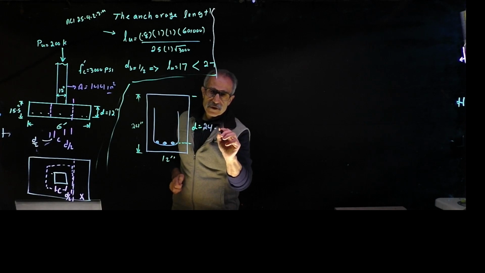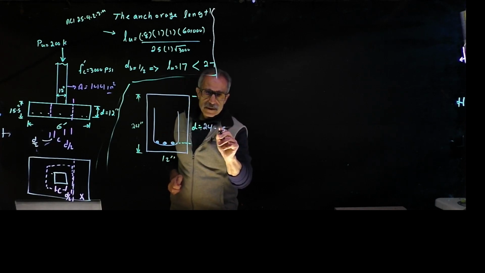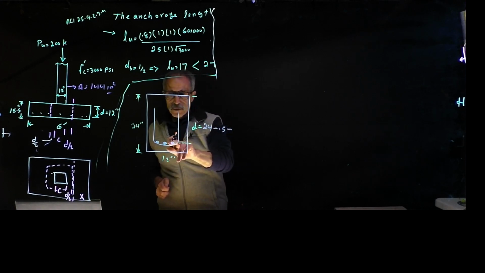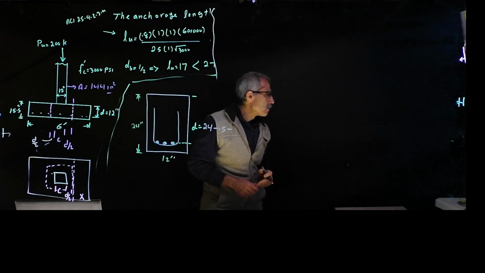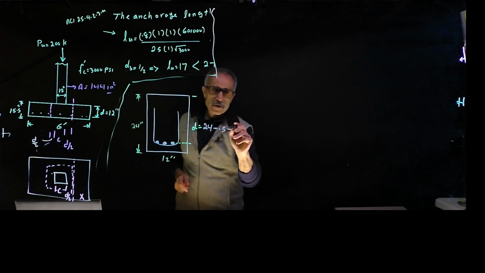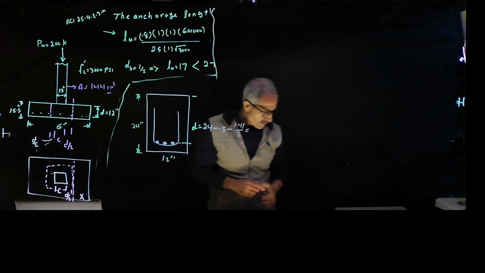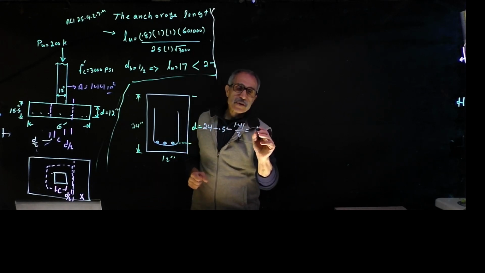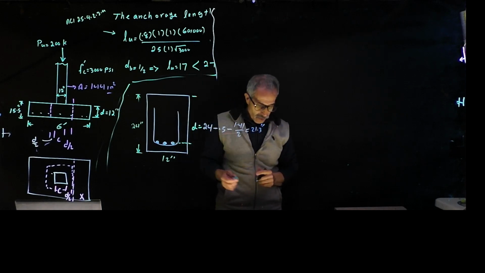So minus 0.5 for the stirrup, then minus half the diameter of the number 11 bar, which is 1.41, so minus 1.41 divided by 2. That gives me 21.3 inches. Now we have that number, we're good to go.